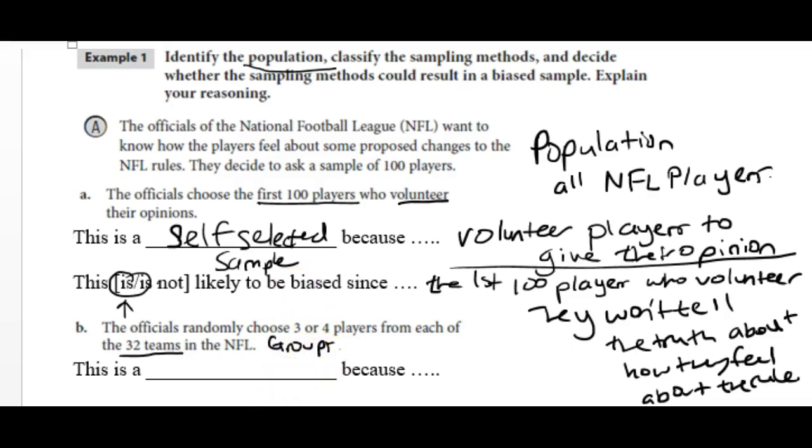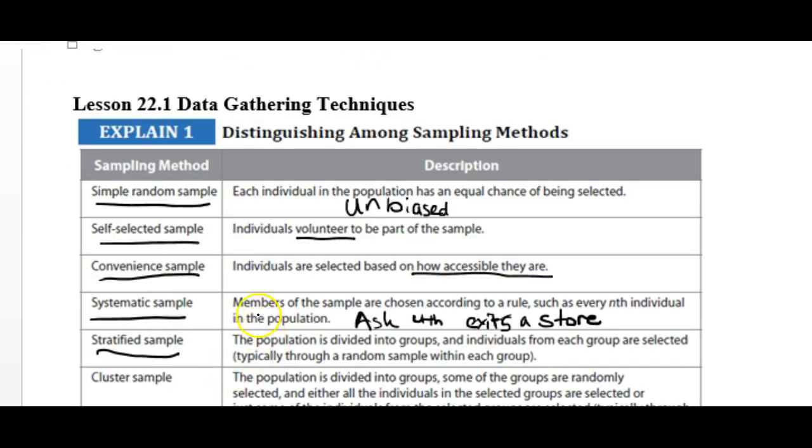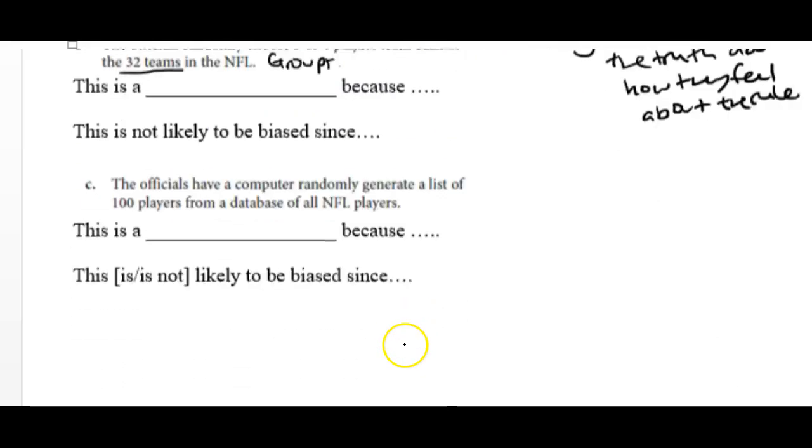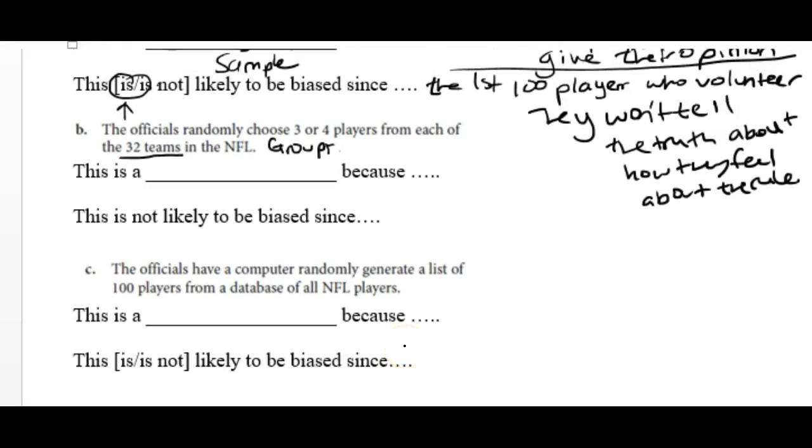So again, let's go back to our table. Because they chose to do groups, when the population is divided into groups and individuals from each group are selected, which is essentially what they were doing for letter B, that would be a stratified sample.